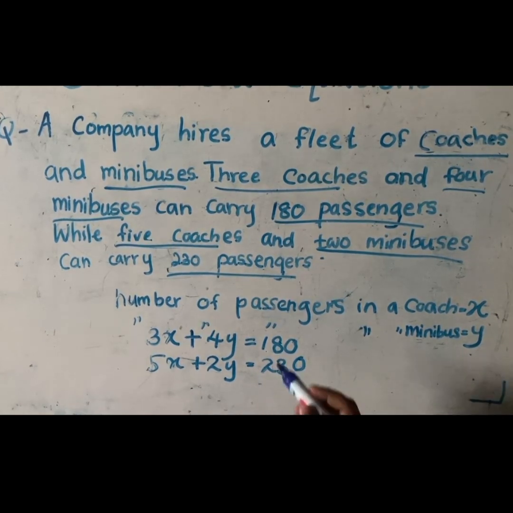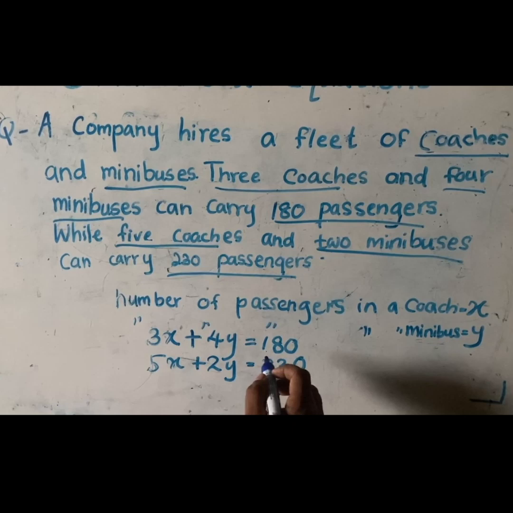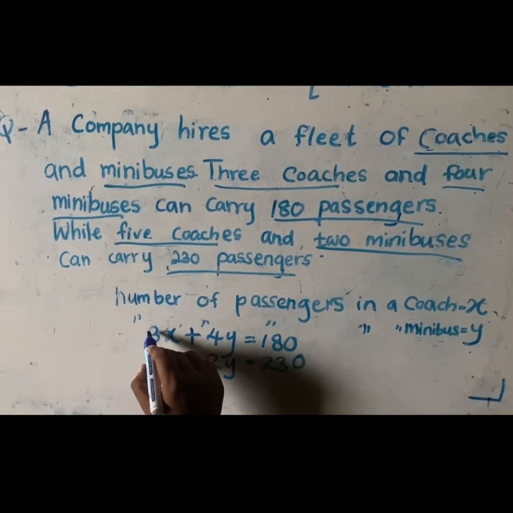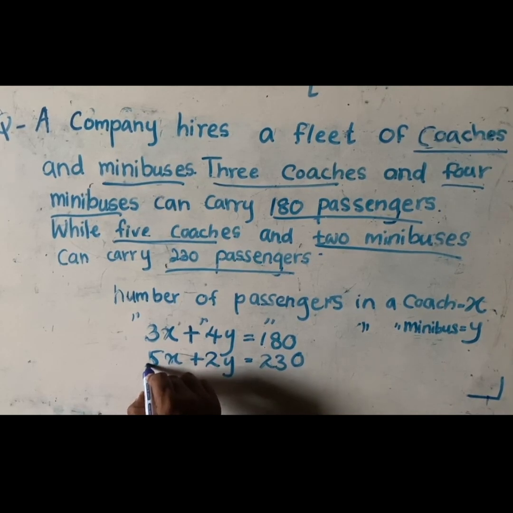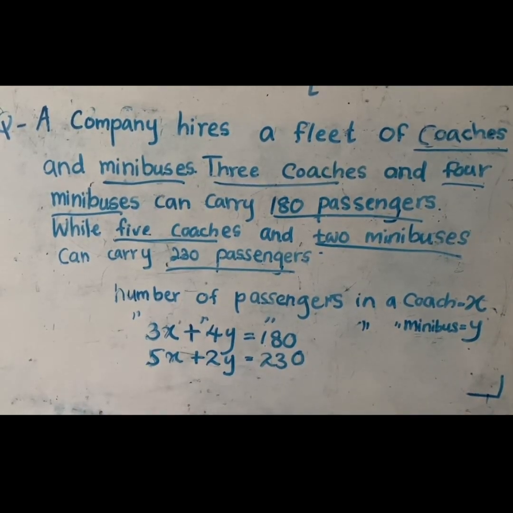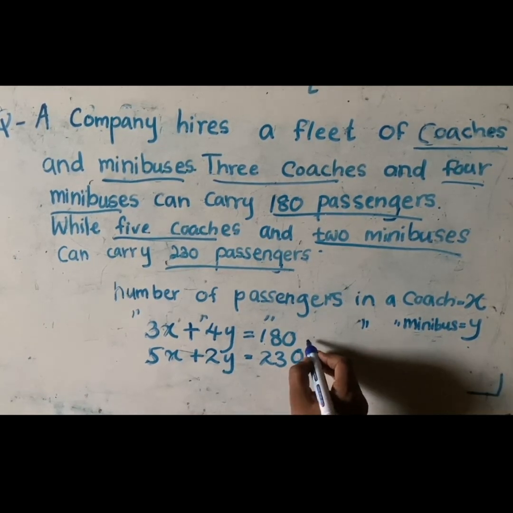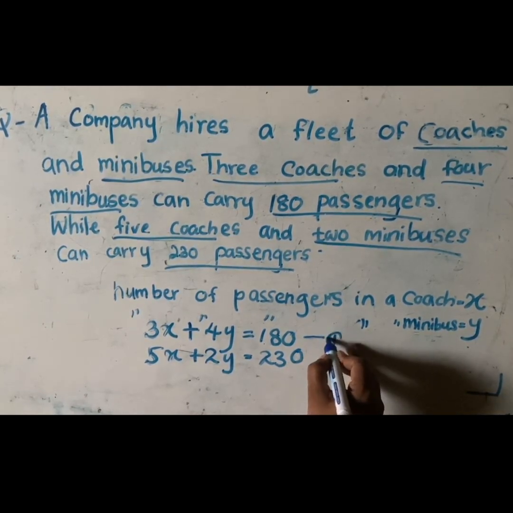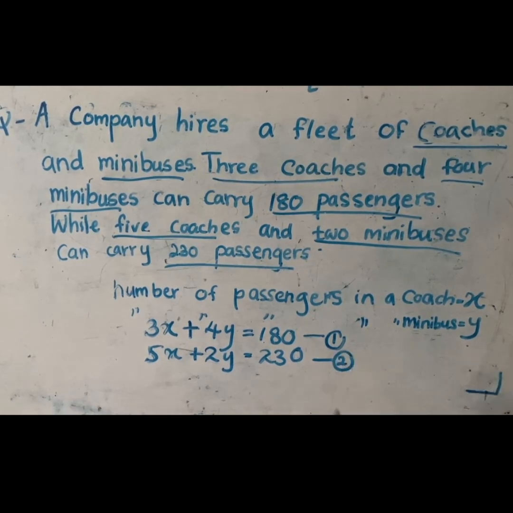These are the simultaneous equations we build up. You can solve these equations by the methods we use for simultaneous equations. So we will do it first. I will mark this equation as 1 and this equation as 2.